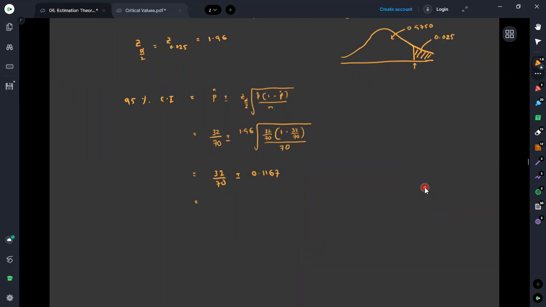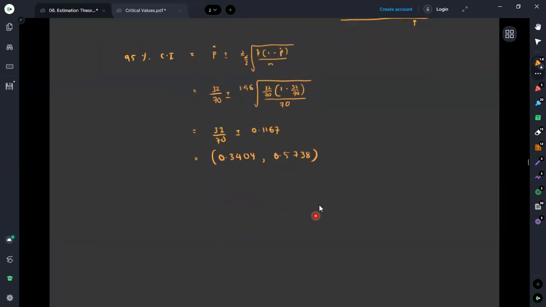If you subtract this quantity from 32 over 70, we get 0.3404. And if you add the quantity, then we can easily get the upper bound, which is 0.5738.